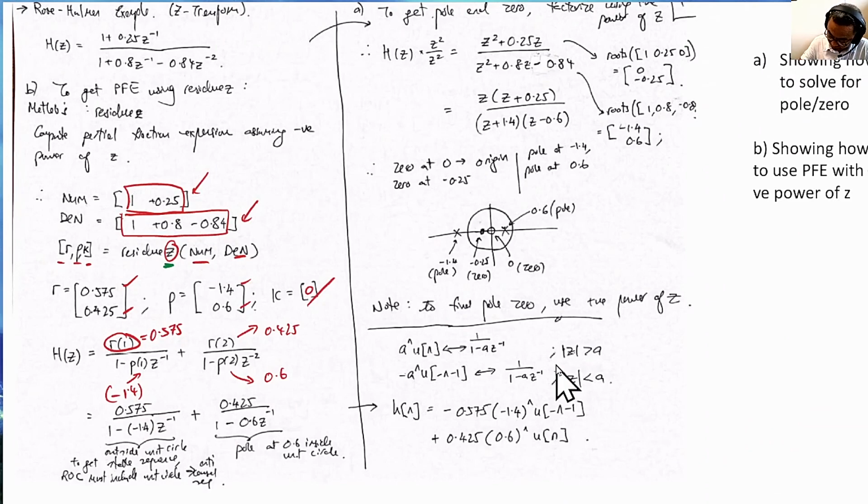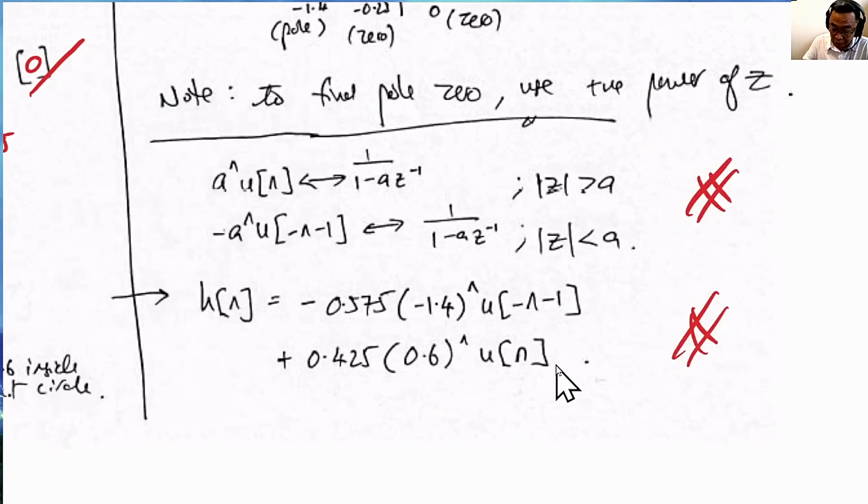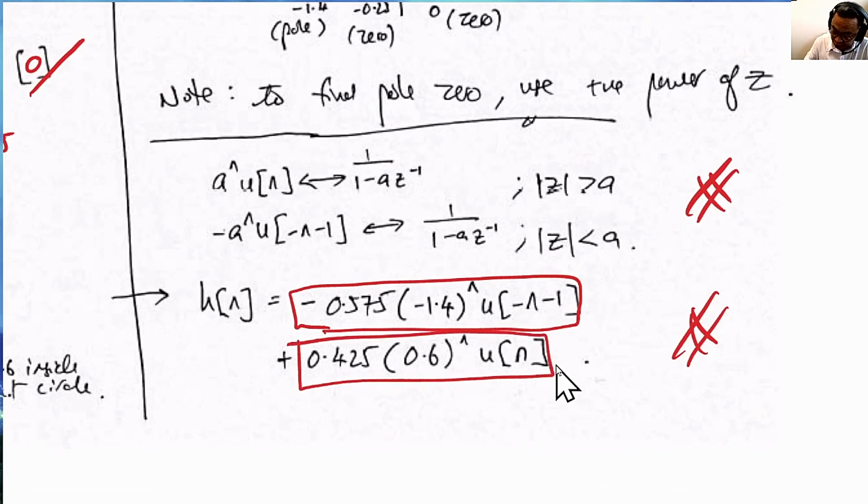Okay, so that's why in the first case, when I have the ROC including the unit circle, the first expression is an anti-causal sequence, and the second expression is a causal sequence. Now, in this anti-causal sequence, you would be thinking minus 1.4 to the power of n, but because this is u[-n-1], n exists only from negative infinity up to minus 1, because of this unit step delayed or advanced by 1.